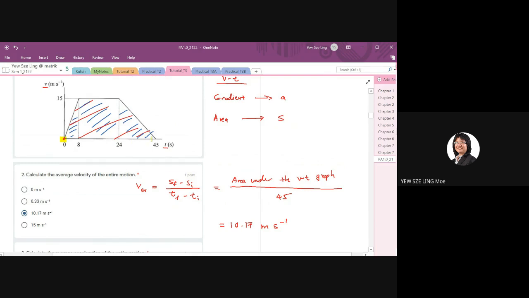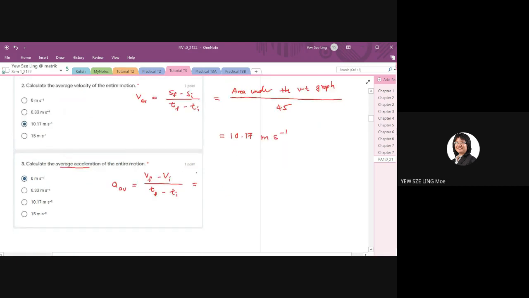And the final position is here, which is also located at V equals 0. So final and initial, both of them equal 0. Therefore, 0 over 45 seconds is also equal to 0 m/s squared. You don't even have to calculate if you understand the diagram.